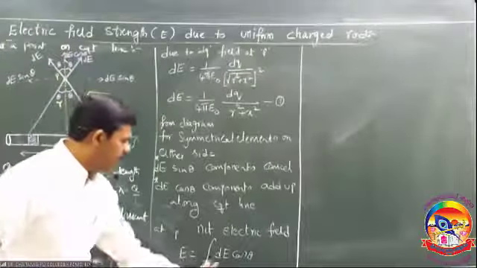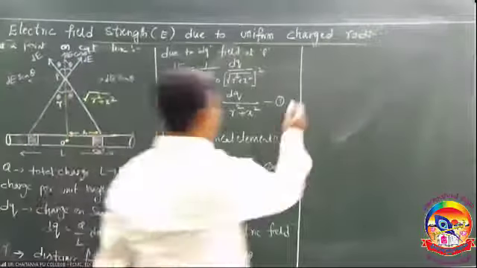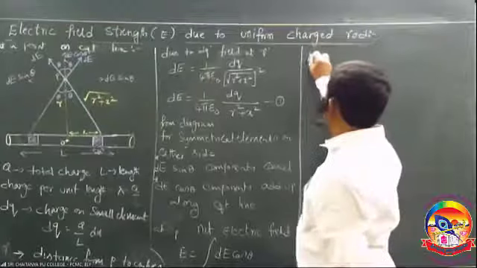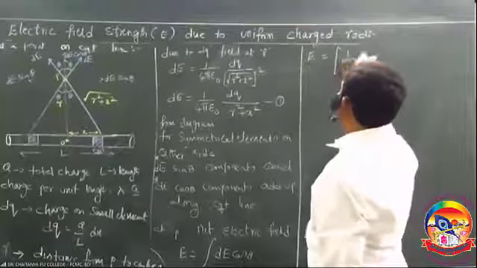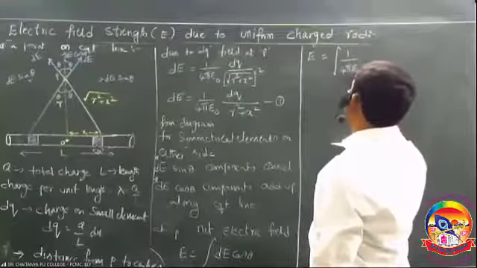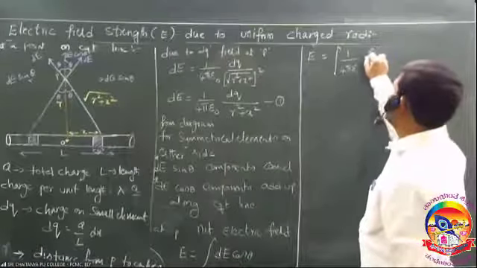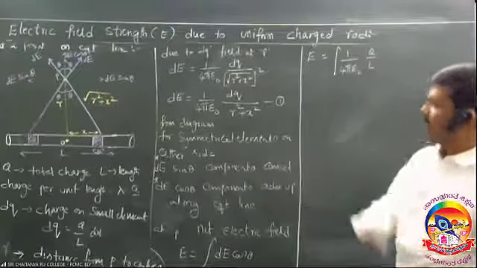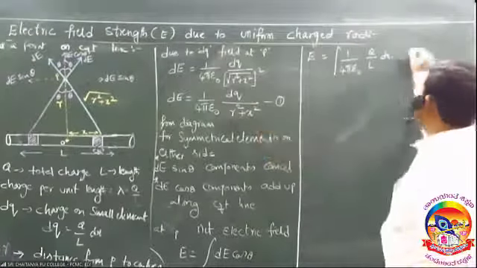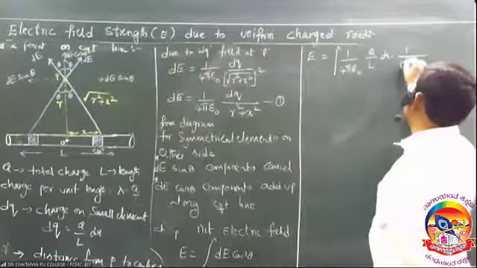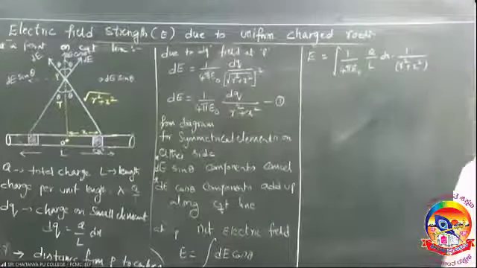So the total field E is the integral of dE cos theta, which is the integral of 1 by 4 pi epsilon naught times dE, where dq means Q by L dx, into 1 by r square plus x square.